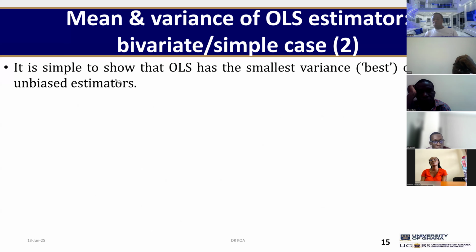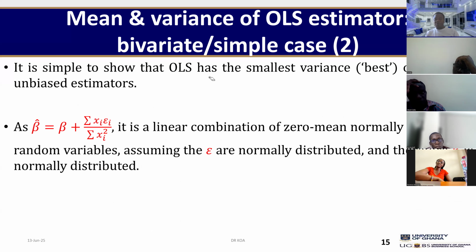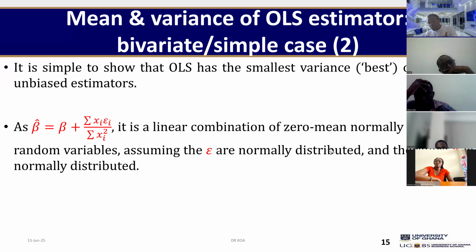Now, it's very easy to show that the OLS has the smallest variance, meaning that it is BLUE. Okay? And if it has the smallest variance, then it is good for all unbiased estimators. As the beta cap is equal to this, we can say also that it's a linear combination of zero mean normally distributed, independently identically distributed errors with a zero mean and a constant variance.